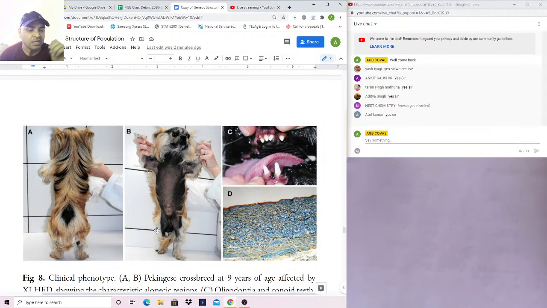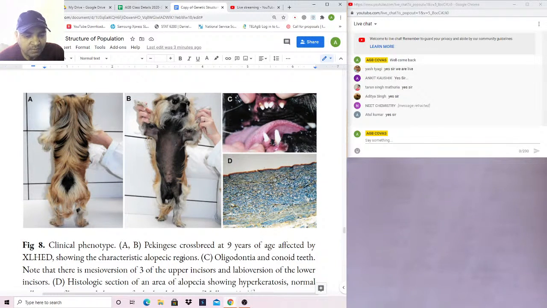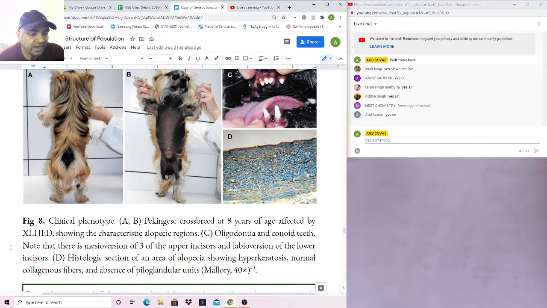Okay, so if you see this A, B, C and D, A and B show a Pekingese crossbred at 9 years of age affected by XLHD, showing the characteristic alopecia regions. You can see the alopecia regions. C shows the oligodontia and conoid teeth.